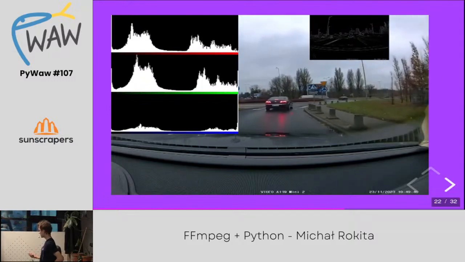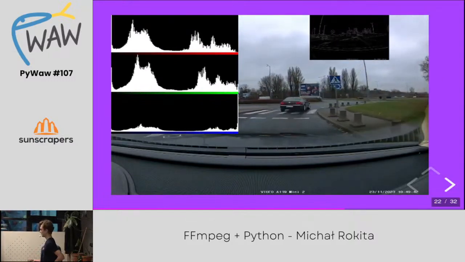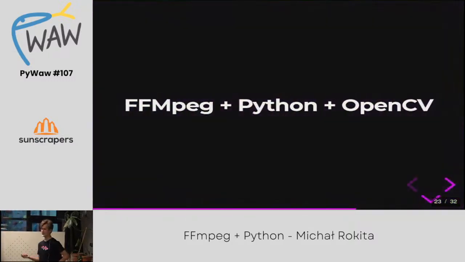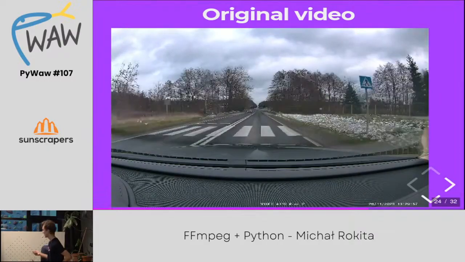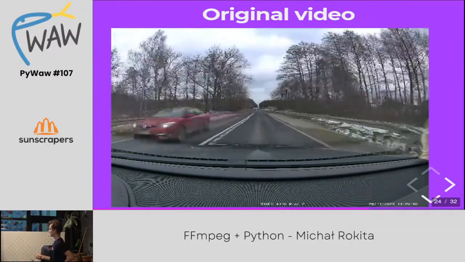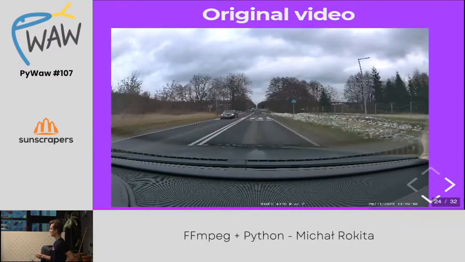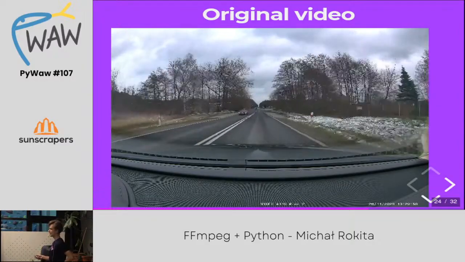So another cool thing you can do with FFmpeg and Python, as I told you before, is processing raw frames with Python code. So we have another video, and we are going to detect the registration plates of the cars passing by.